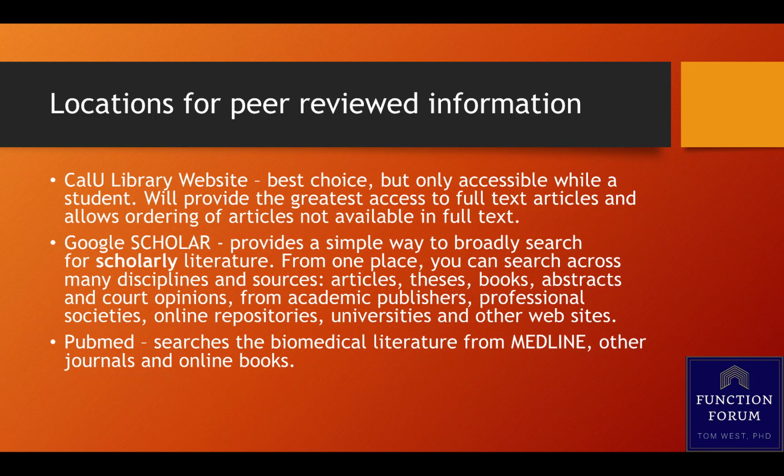And then PubMed is a free search engine through the National Institutes of Health that will search, among others, Medline, which is an online index of scholarly, medical and biomedically related journals, as well as other journals that would have information that's useful for us. It will also search online books that are available.